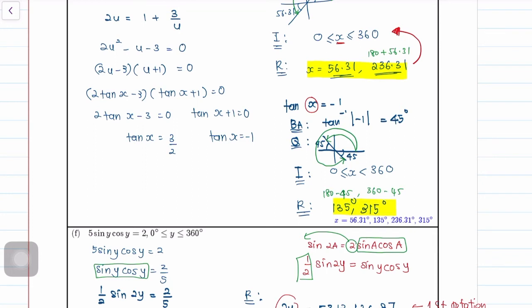So therefore, the answer is the same. This is the answer. Combine the answers.